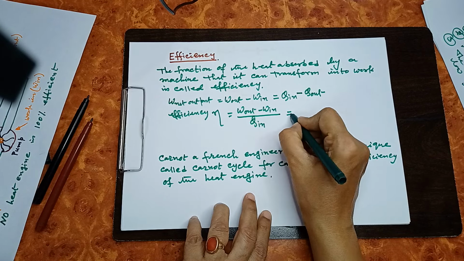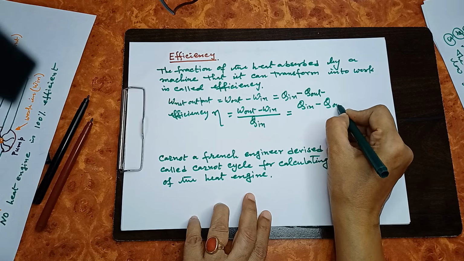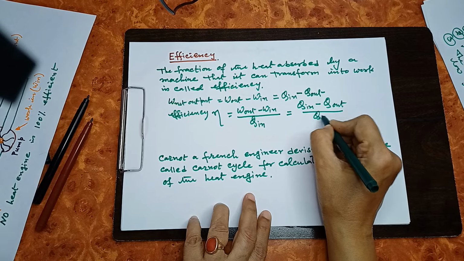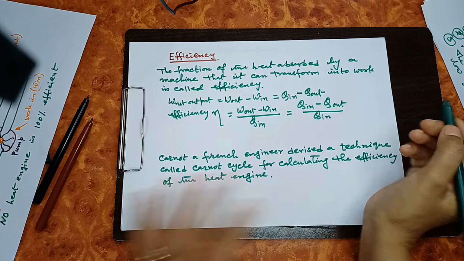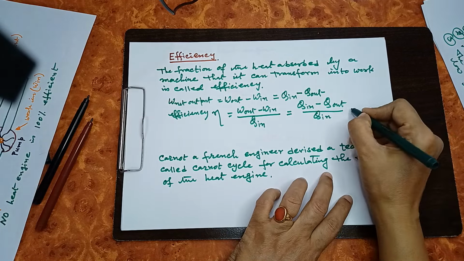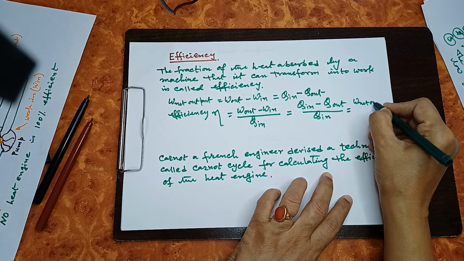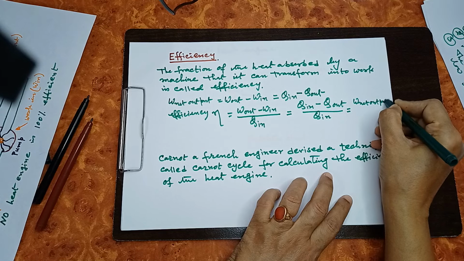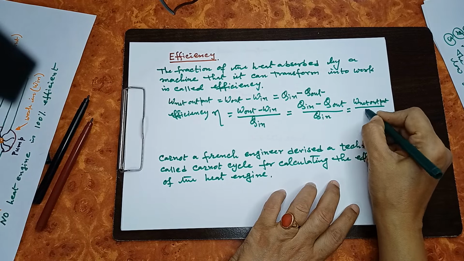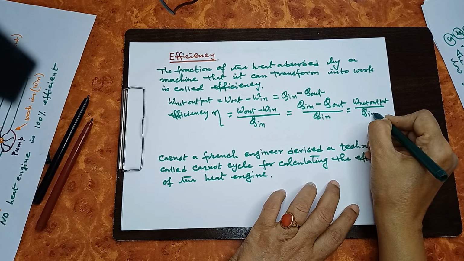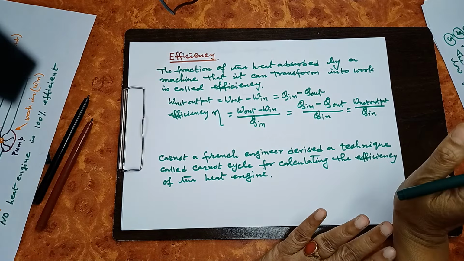Or I can write it as Q in minus Q out divided by Q in. Okay, that means this is your W net output. Net output means work produced minus work done on the system, divided by Q in, the total heat absorbed. This is the efficiency, right?